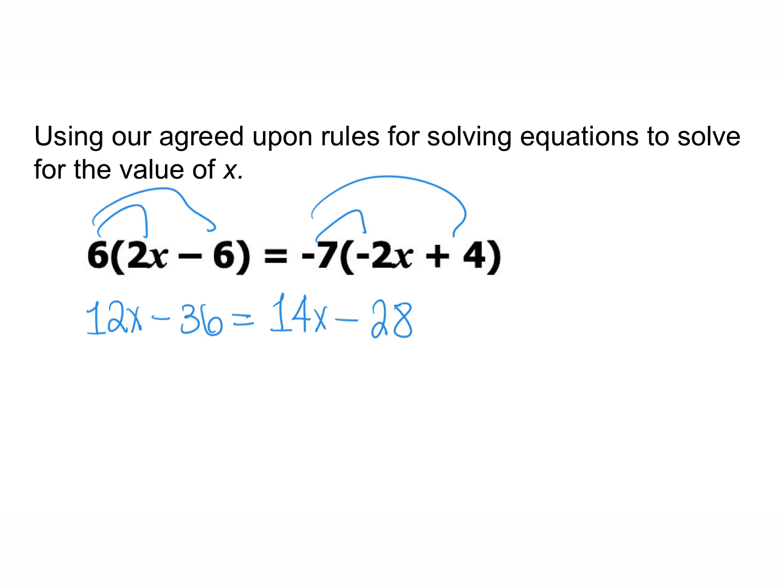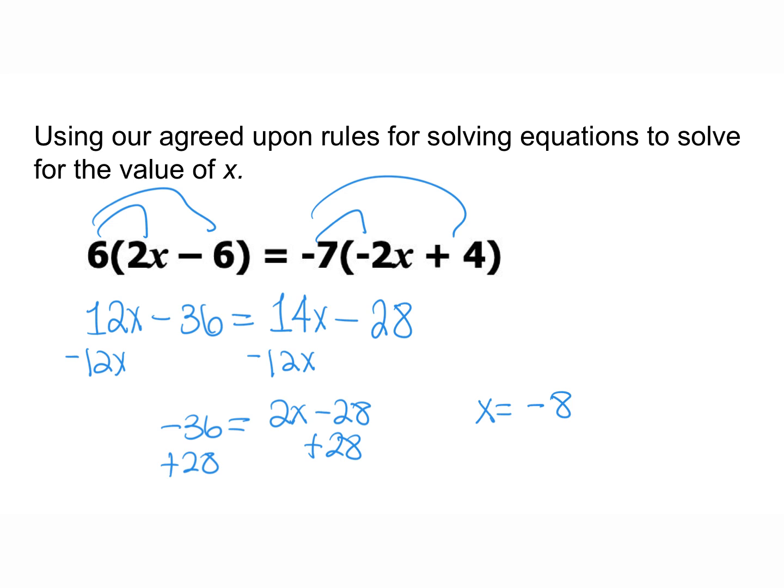So we're going to subtract 12x from both sides. So we get 2x - 28 = -36. We then add 28 to both sides. And we get 2x = -8, so x = -4.